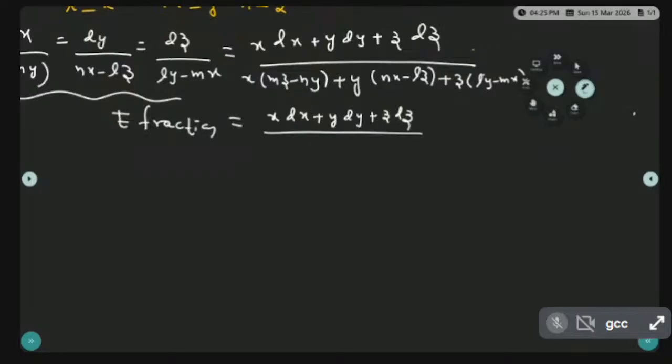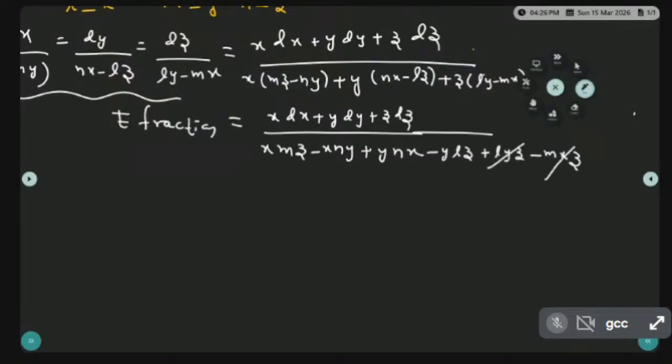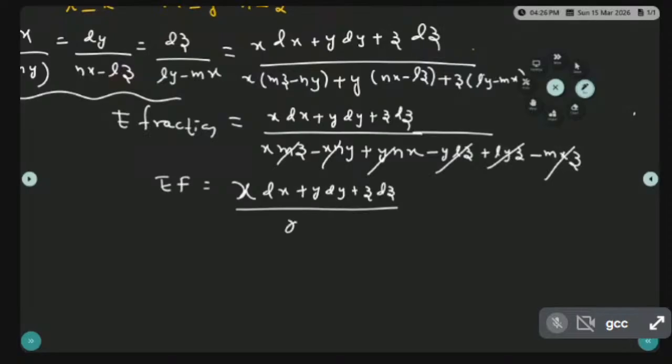Simplify it. x mz minus xny plus ynx minus ylz plus lyz minus mxz. Each fraction equal to x dx plus y dy plus z dz by 0.